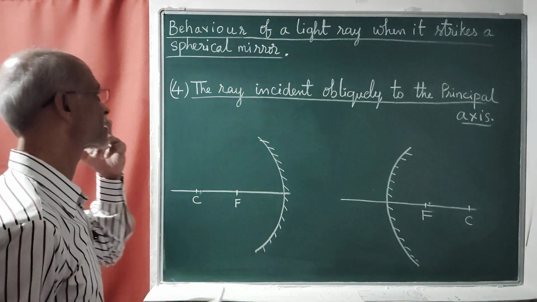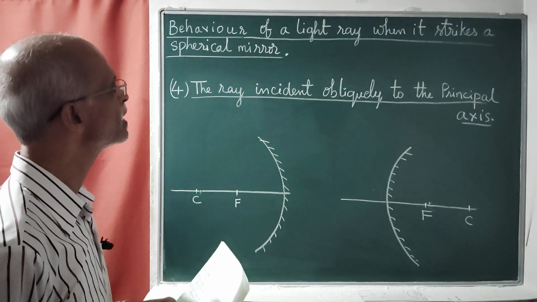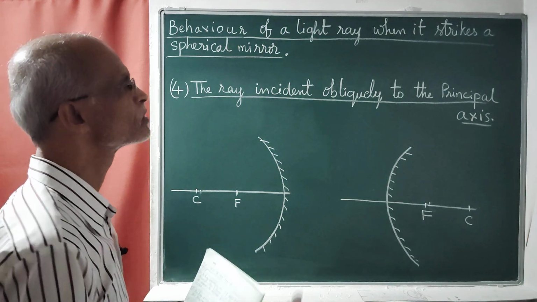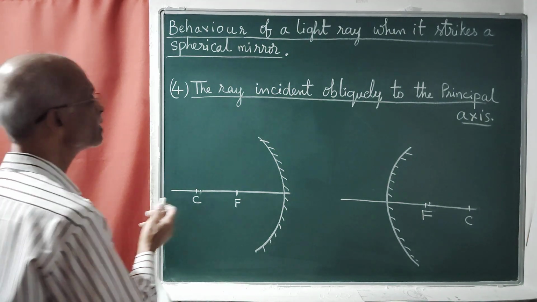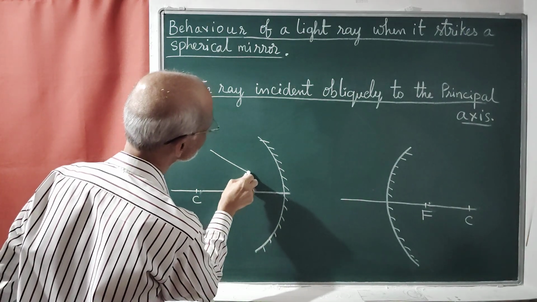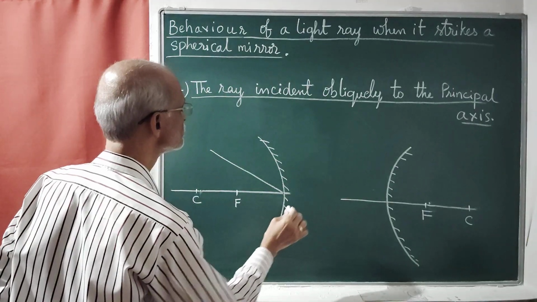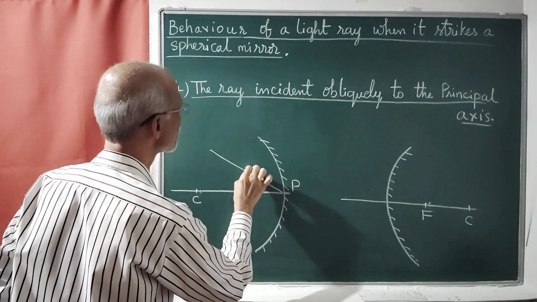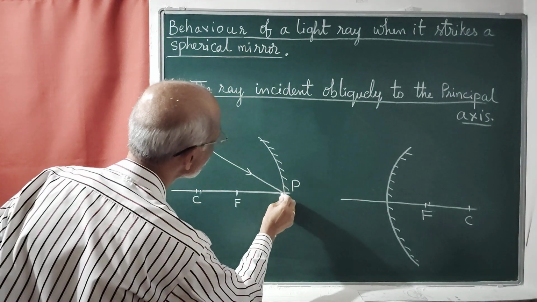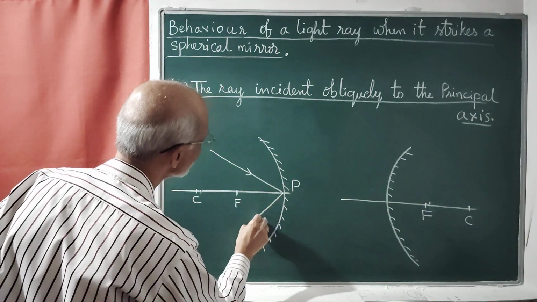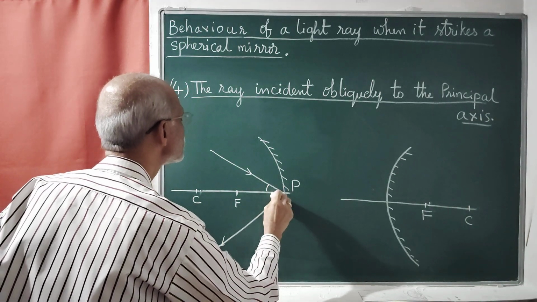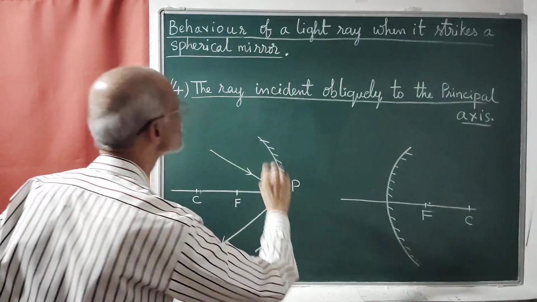Now we'll see the ray that is incident obliquely to the principal axis. The ray that is striking the mirror at the pole at some angle, after reflection, will go along the same angle. The angle of incidence will be equal to the angle of reflection.